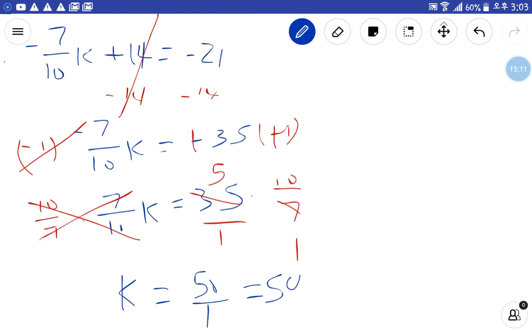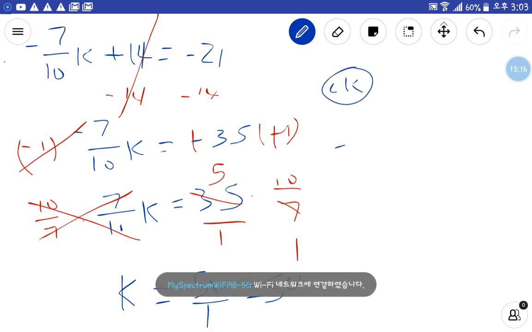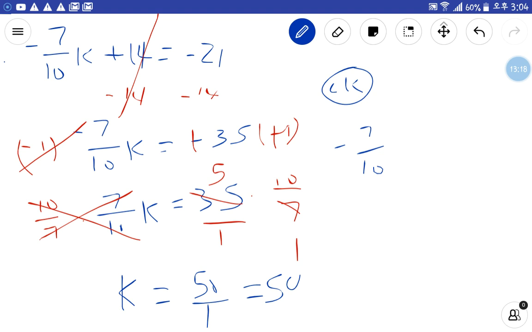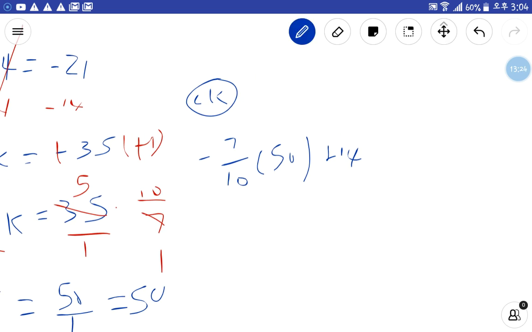I have to plug in negative 50 into my expression. Negative 7 over 10 times 50 plus 14 should be the same as what? Negative 21. Now what? 10 and 50. 10 can go into 10 one time, and into 50 5 times.